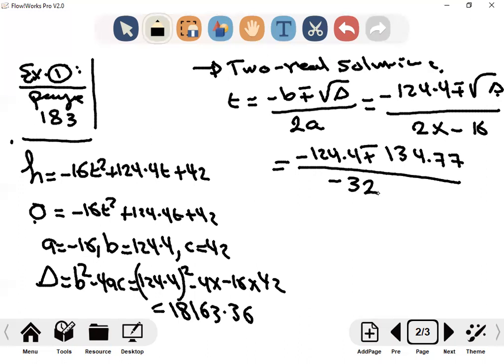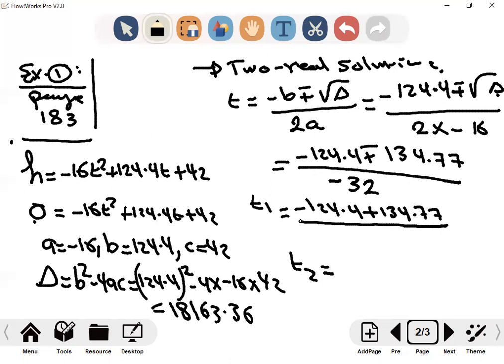Now we will take it positive and then negative to have the two solutions, right? So t1 and t2. T1, take it positive: negative 124.4 plus 134.77 divided by negative 32. What is it?